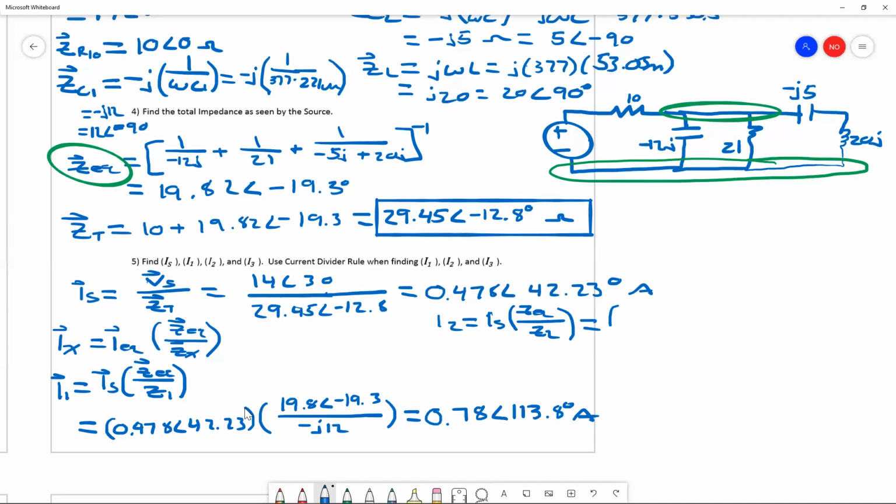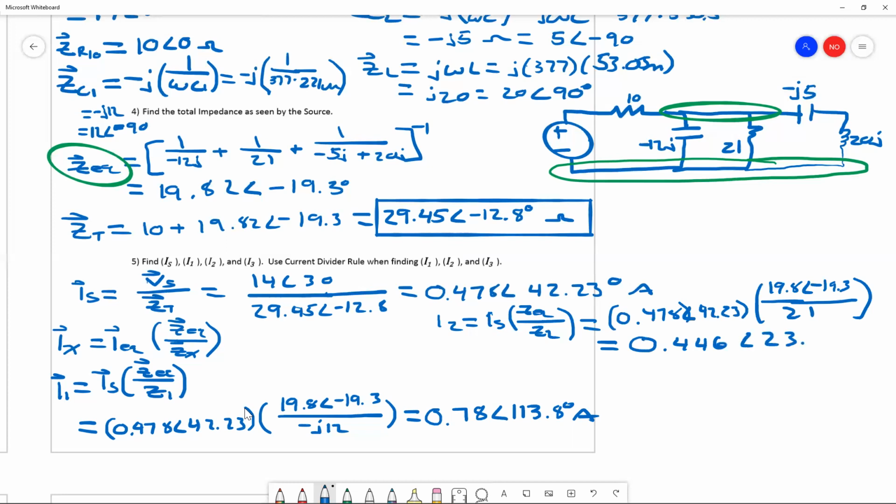That's 0.478 at an angle of 42.23, times 19.8 at an angle of negative 19.3, over the impedance of branch 2, which was just 21. Very motivating answer. And then we'll get 0.446 at an angle of 23.8 or something similar.